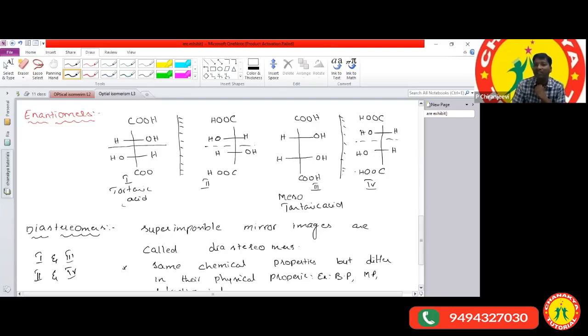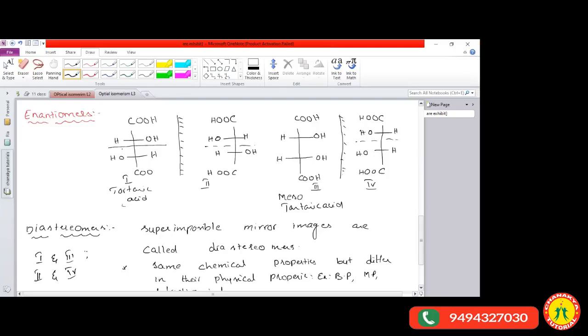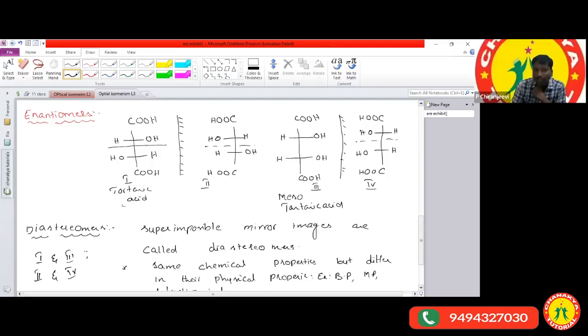Anja, Aditi, check 1 and 4, because the bottom part is the same. OH, H, COOH is there. So here also OH, H and COOH. So 1 and 4 also we can consider as a diastereomeric pair. And similarly 2 and 3 also, we can take the bottom part.